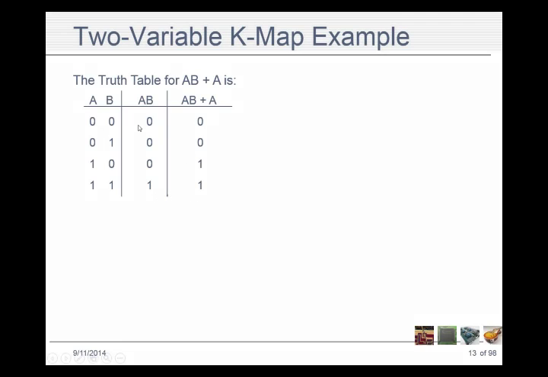And then we've got this column, which is just A. So we can put this column here and put in the values that are either from here or A. So A, B, or A, they're both 0s. A, B, or A, they're both 0s. A, B, or 1, we got a 1.